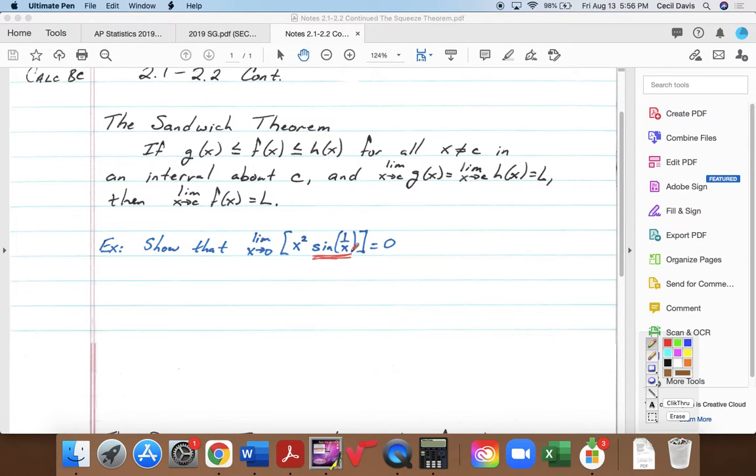So what we can do, we have to set up the sandwich part. We're going to go, okay, this at the very least is going to be -1. So I'm going to say that x squared times -1 is always going to be less than or equal to x squared times sine of 1 over x.